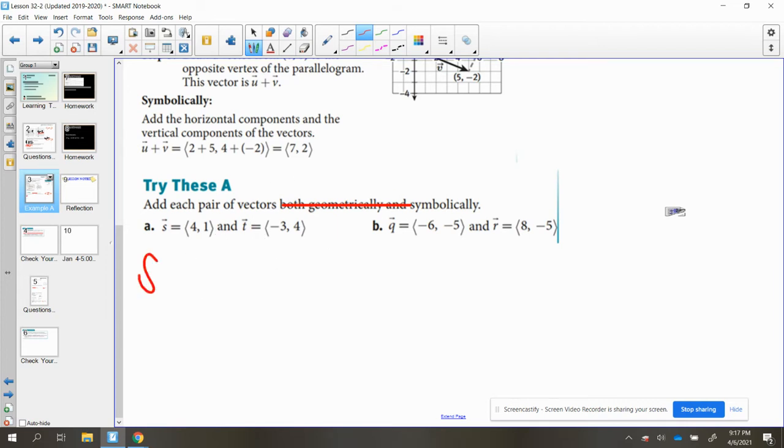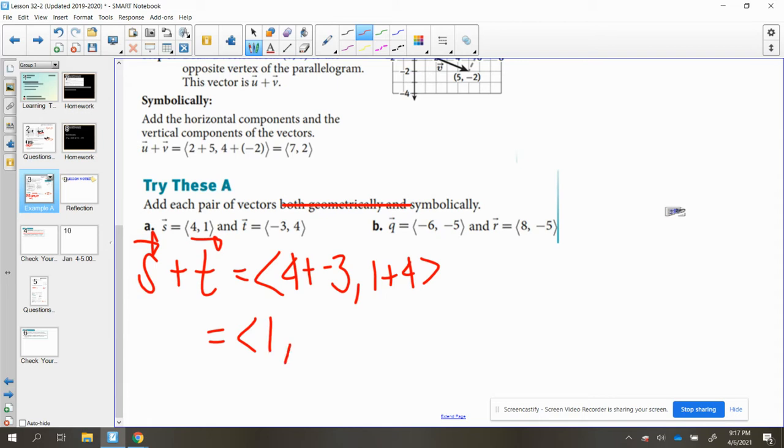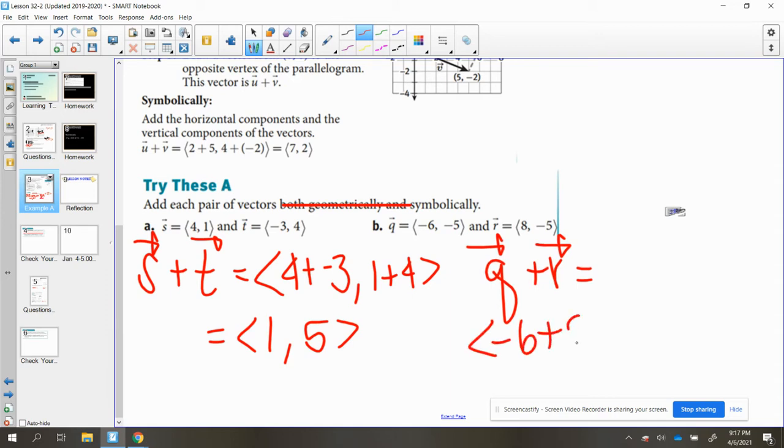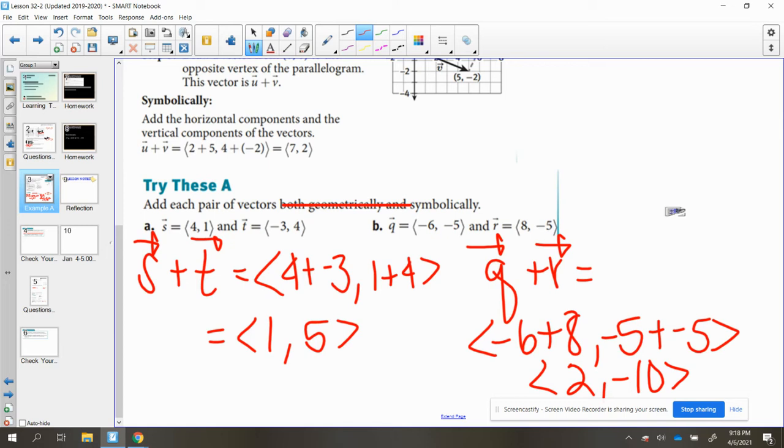To show vector S plus vector T, we are going to add the two A components together as well as the two B components for a final answer of 1, 5. Okay? And same thing for Q and R. You would add the two components together. We would have -6 plus 8 for the two A components. Add the two B components. We end up with a final answer of 2, -10 for our component form there.